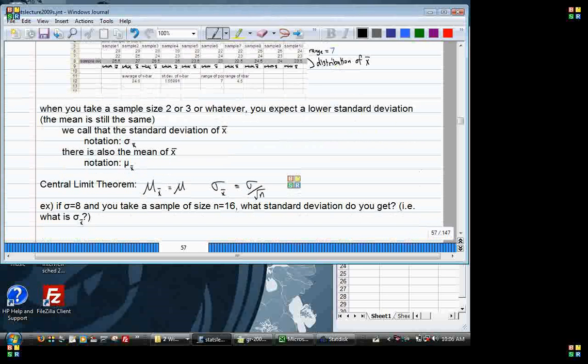So how do you do that? Eight divided by the square root of 16, and that equals 8 over 4, which equals 2. So there you go.